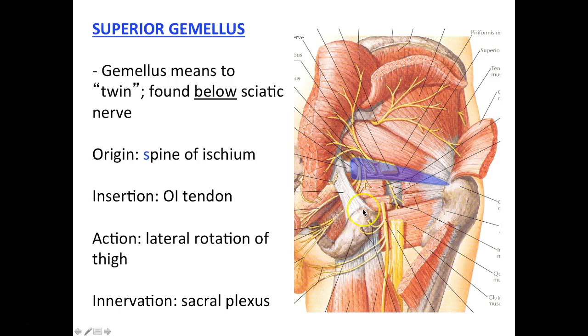What OI stands for is this muscle that lies below it, and that is the obturator internus muscle. So this muscle, I know it looks like it's going over to the greater trochanter, but it actually inserts itself onto the tendon of this obturator internus muscle. Its action is lateral rotation, and innervation is now going to be sacral plexus for the rest of these muscles.